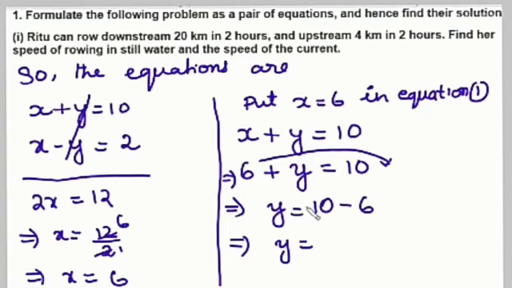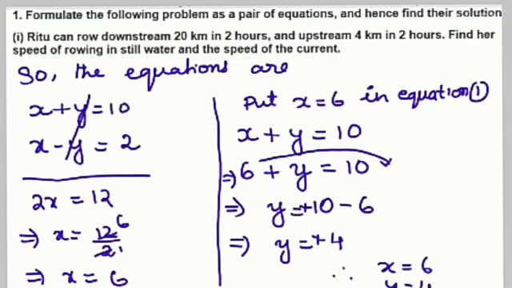It is without a symbol, so I'll write plus here. For different signs, I am going to subtract the smaller number from the bigger one. So 10 minus 6 is 4, and the symbol of the bigger number 10 is plus. So my answer is x is equal to 6 and y is equal to 4.